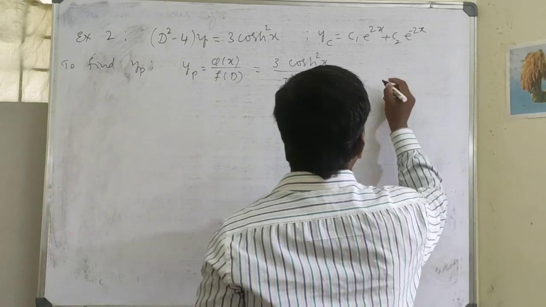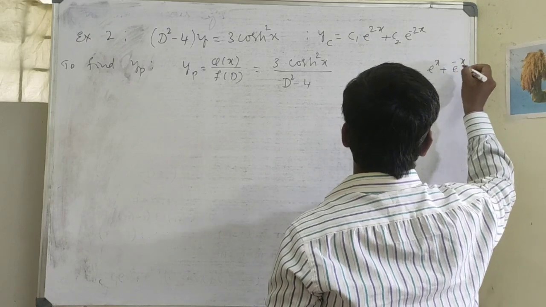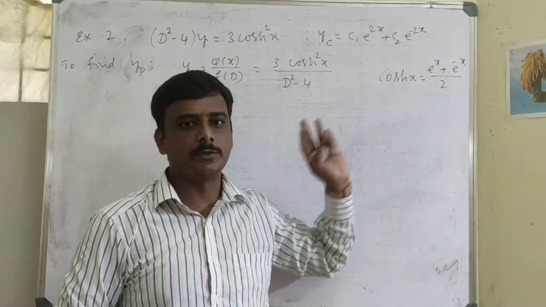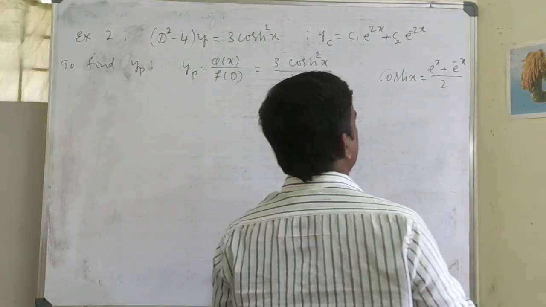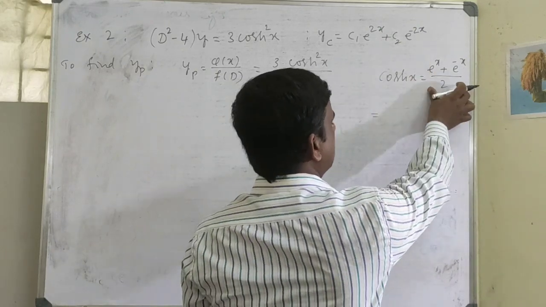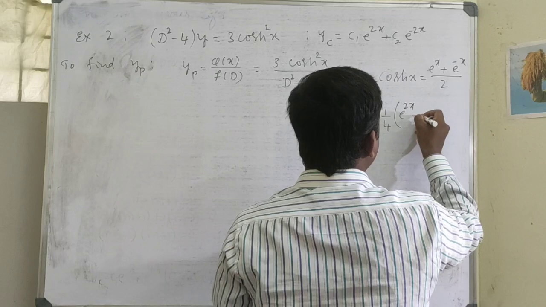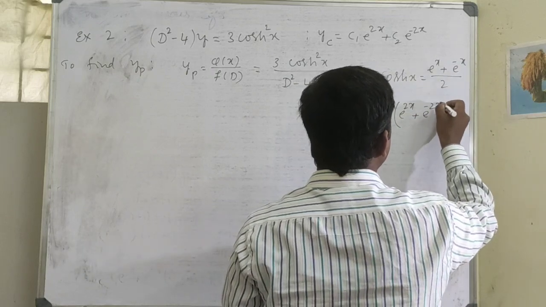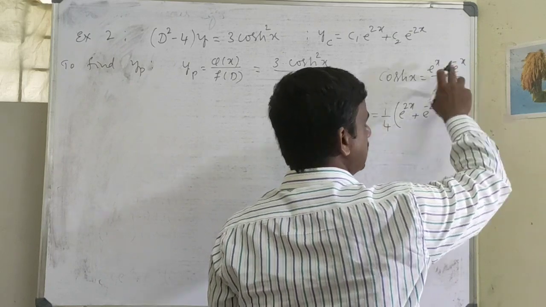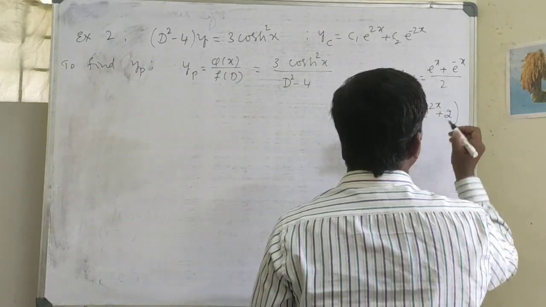We know that cos hx equal to e power x plus e power minus x by 2. That is the hyperbolic function, cos hx in terms of exponential function. Now taking square on both sides and simplifying, on the right hand side will be 1 by 4 times a square e power 2x plus b square e power minus 2x plus 2ab, 2 into e power x into e power minus x, e power 0, then 2 into 1.